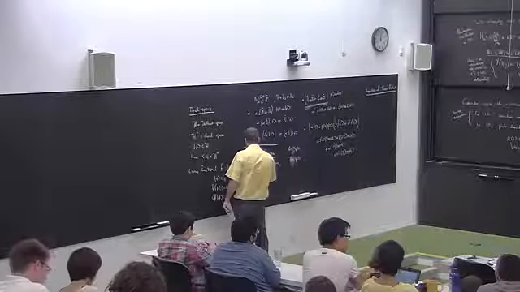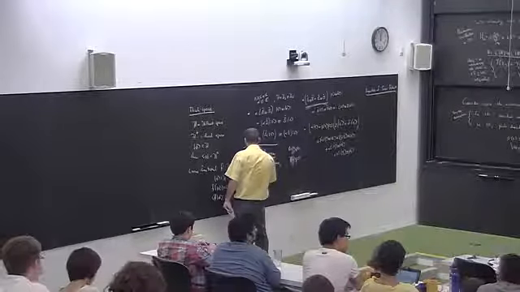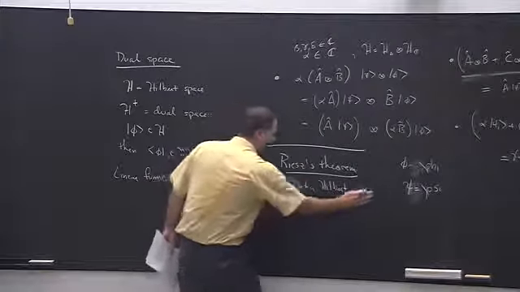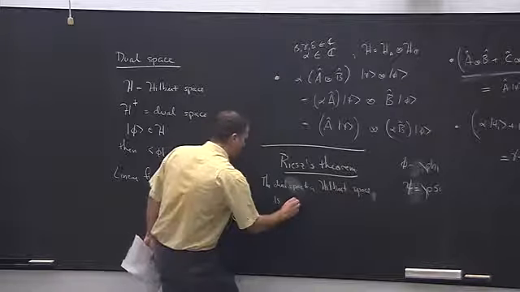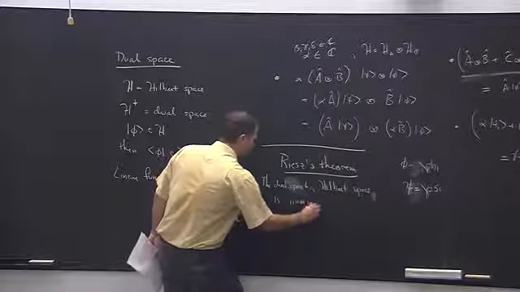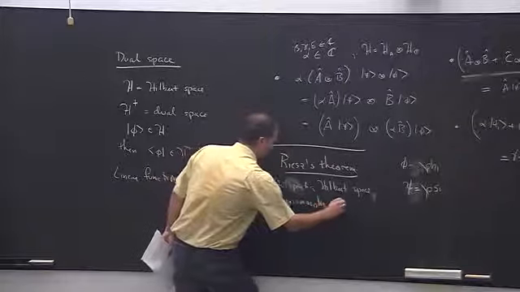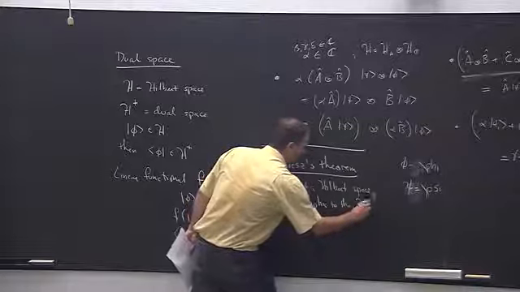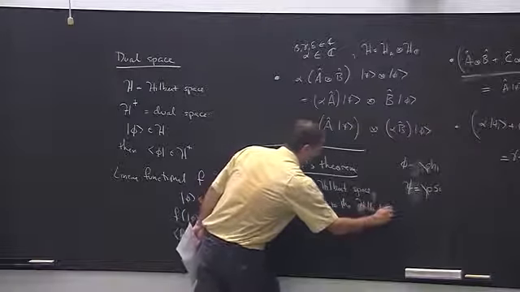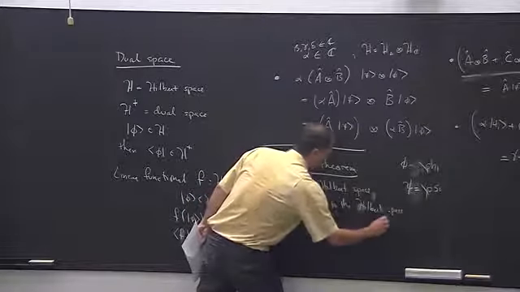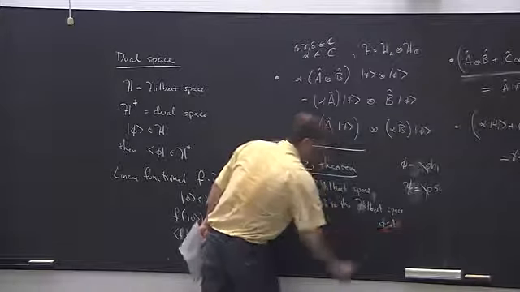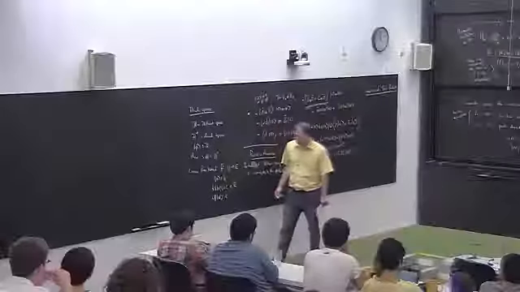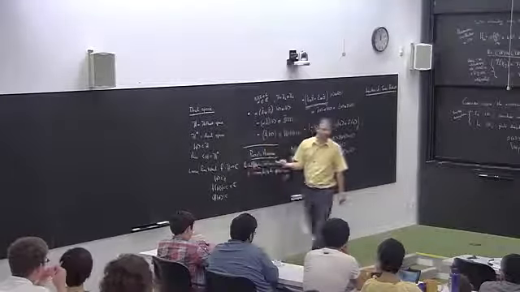The dual space to a Hilbert space is isomorphic to the original Hilbert space. To the Hilbert space itself. Okay, so we can think of the linear functionals, which are going to take states and give us scalars. Each one corresponds to some element of the Hilbert space.